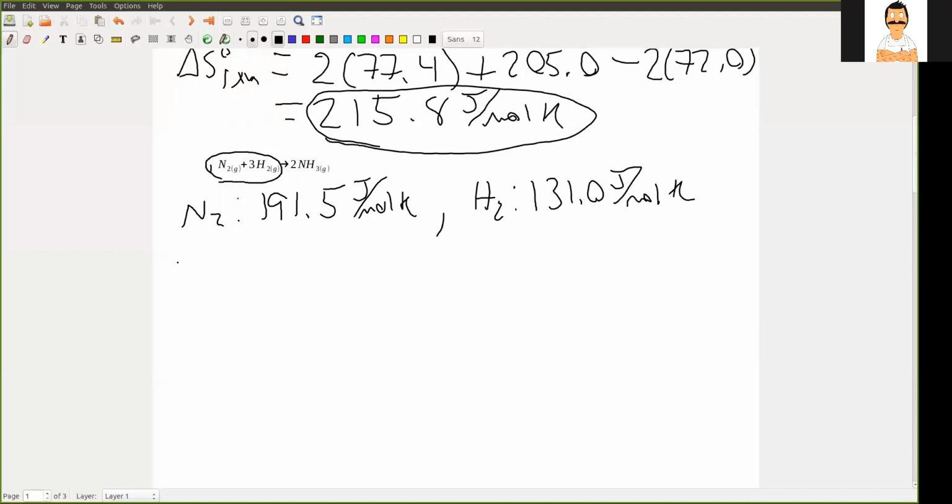And then finally, we have ammonia, NH3, and that's in the gas form. Ammonia can also be in a liquid form, so make sure you're picking the gas form of this species when you're doing this calculation. Just make sure you're choosing the state of matter that is reflective of the problem. If I had written this so that it yielded ammonia liquid, then we would use ammonia liquid, but we're using ammonia gas. Joules per mole Kelvin.